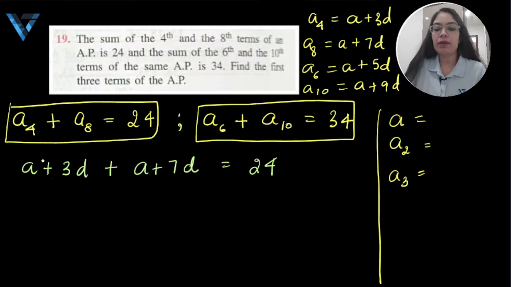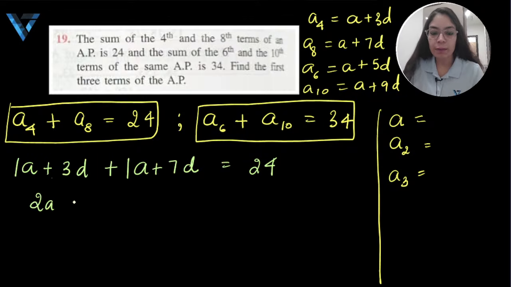Now let's simplify by adding like terms. A and A are like terms, and 3D and 7D are like terms. 1A plus 1A is 2A, and 3D plus 7D is 10D. This equals 24.